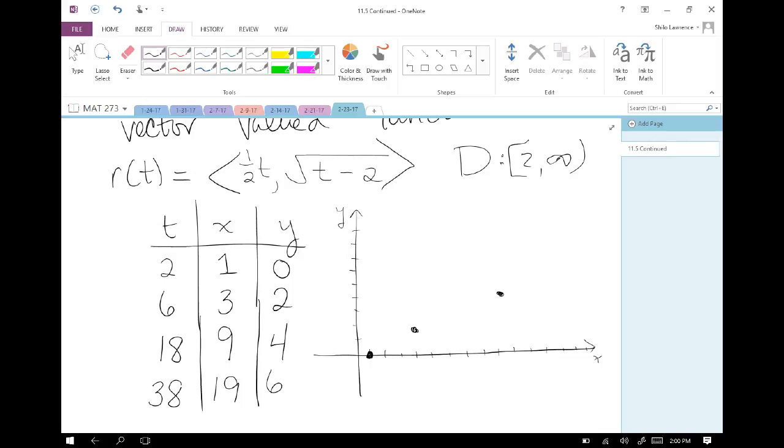It's not a straight line because the slope from 1, 0 to 3, 2 is not the same as the slope from 3, 2 to 9, 4. It is a curve.